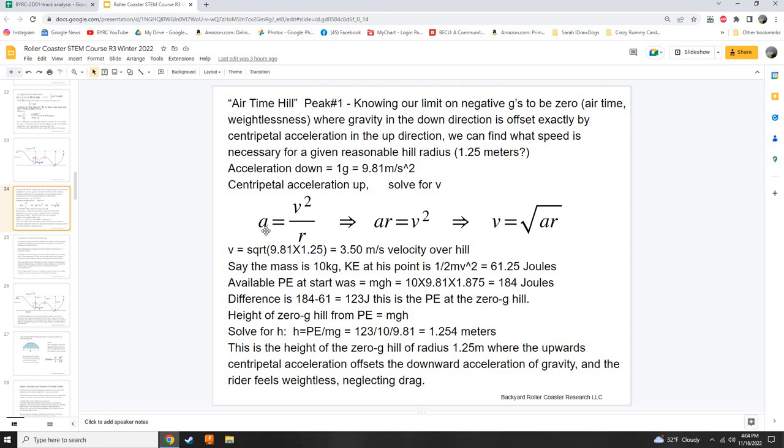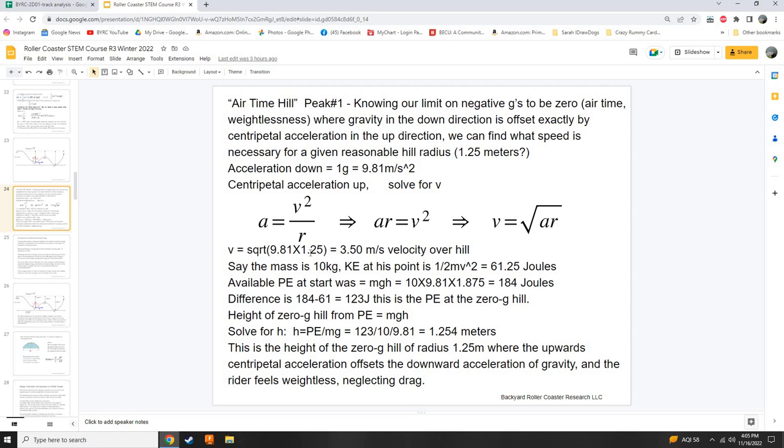we know centripetal acceleration is v squared, velocity squared, divided by radius of the curve. We solve that. We've done this before. We multiply both sides of the equation by r. We get this, and then we take the square root. We're trying to solve for v, so we take the square root of both sides of the equation, and you get velocity equals the square root of a times r.